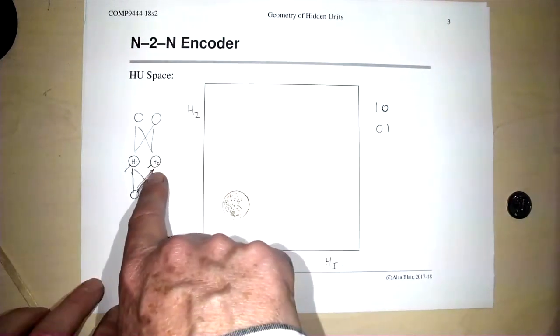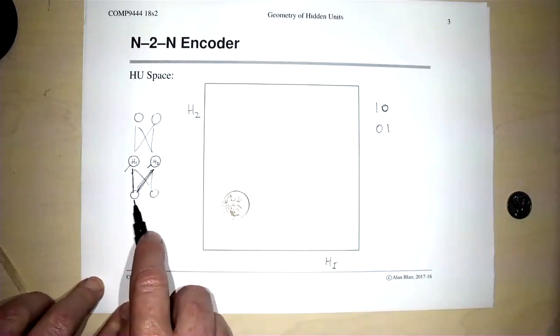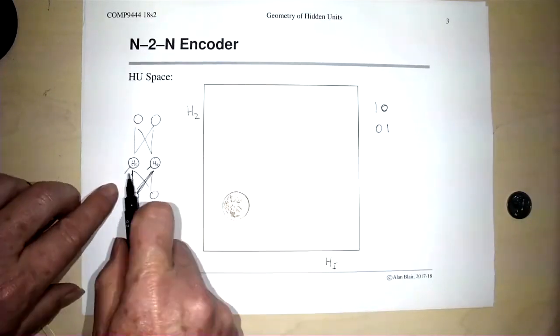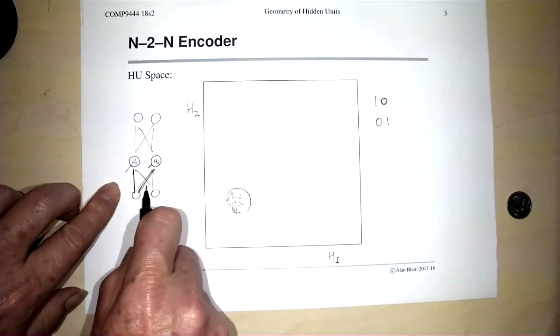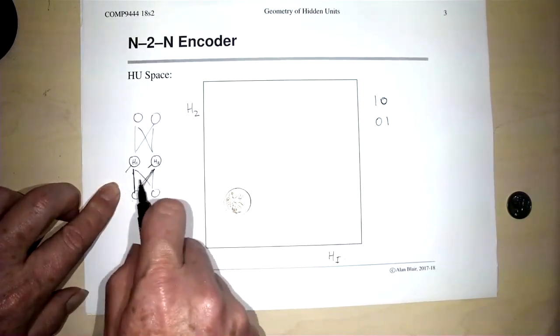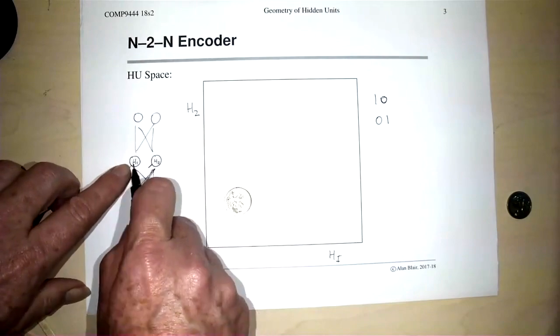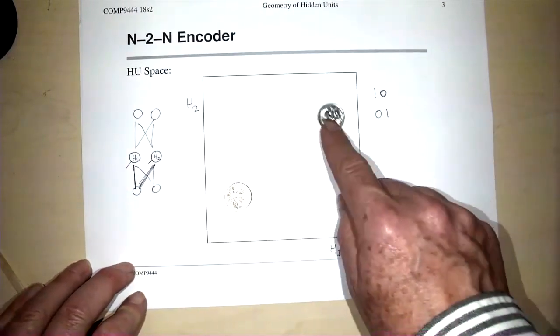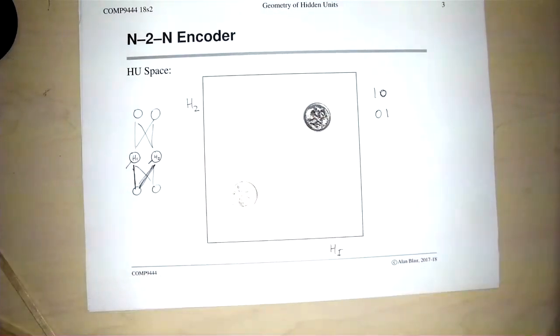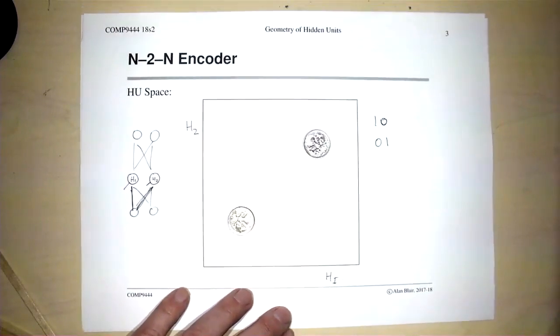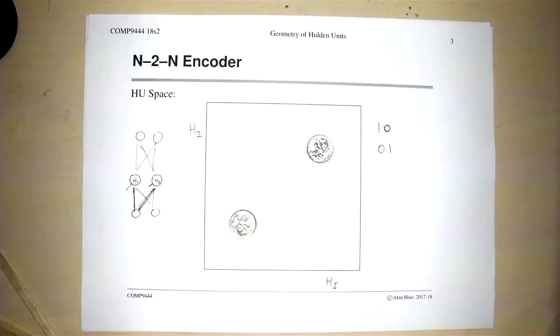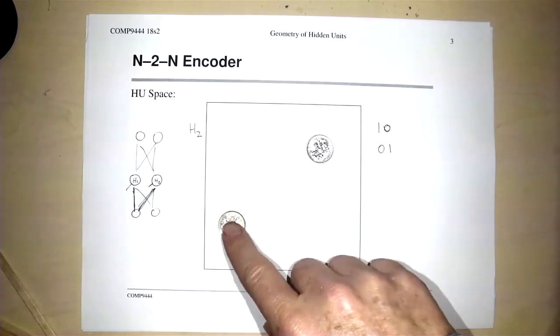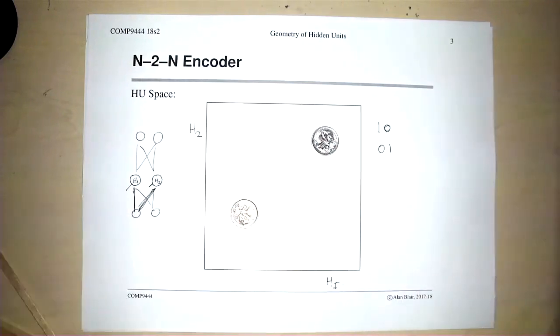And then the same thing when I present a 1 here and a 0 here: these two weights are irrelevant, and only these two weights and the biases are active, and I get some other point in this two-dimensional space. So I'm not seeing all the information, but most of the information about this input to hidden layer is captured by looking at these 2 points.